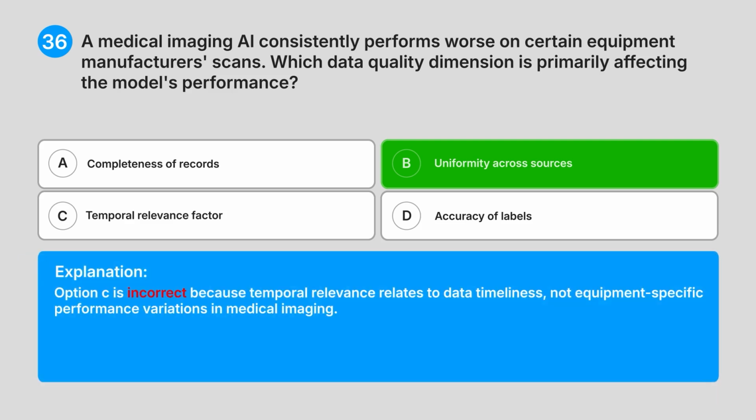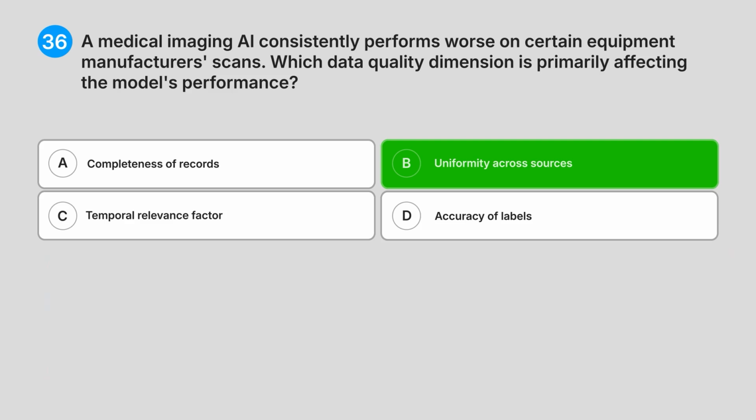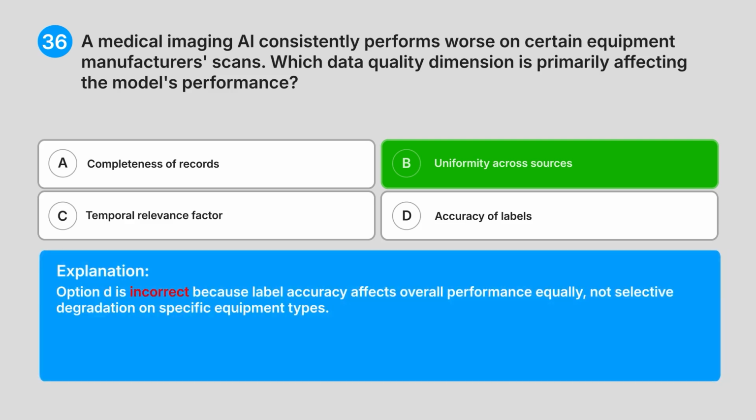Option C is incorrect because temporal relevance relates to data timeliness, not equipment-specific performance variations in medical imaging. Option D is incorrect because label accuracy affects overall performance equally, not selective degradation on specific equipment types.